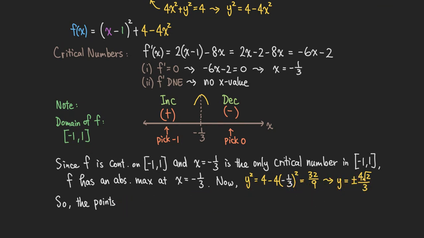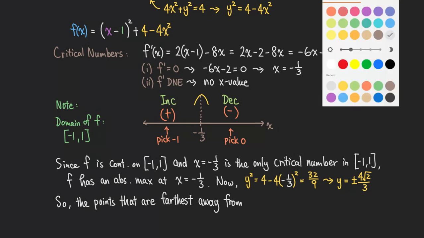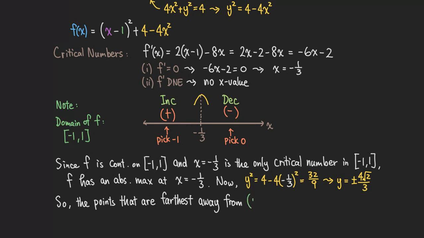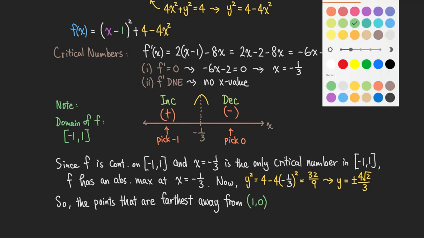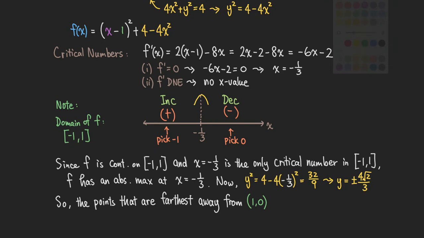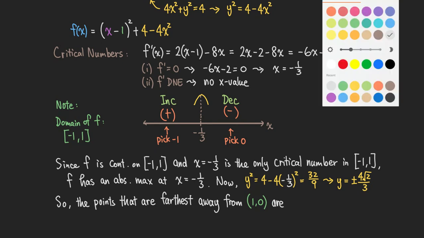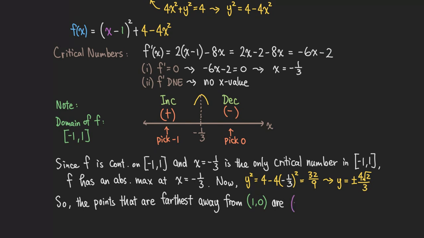So the points that are farthest away from the green point 1, 0, right, are the 2 points, the 2 purple points right here, negative 1 over 3.